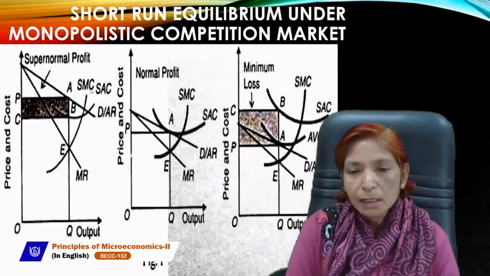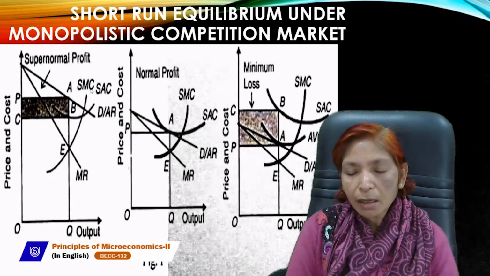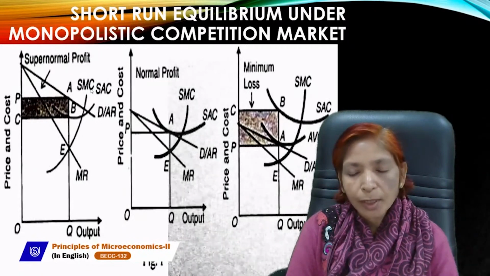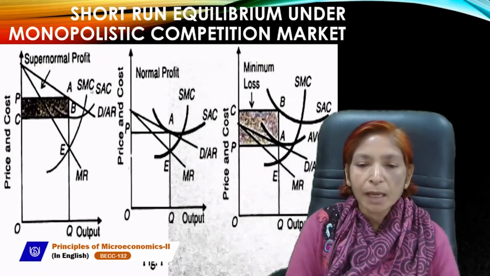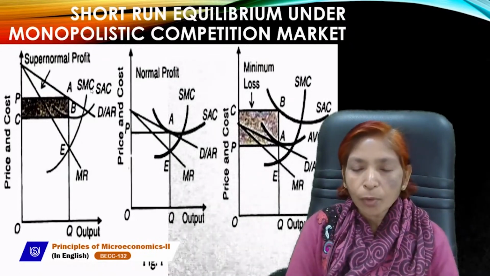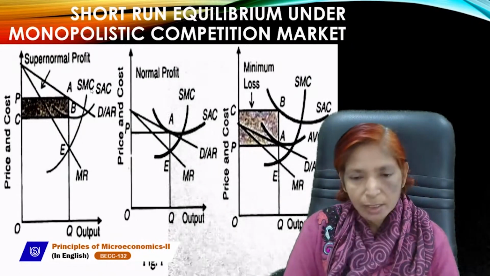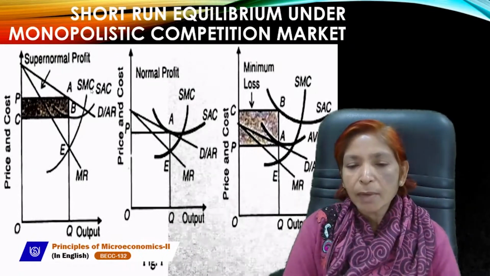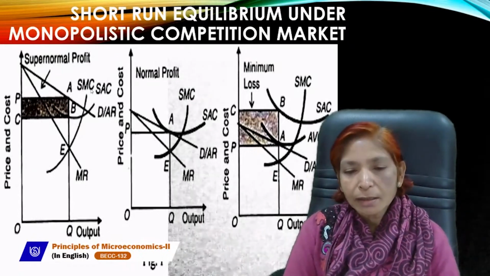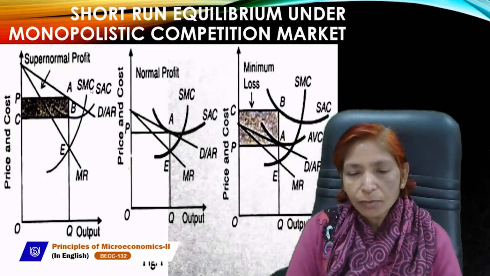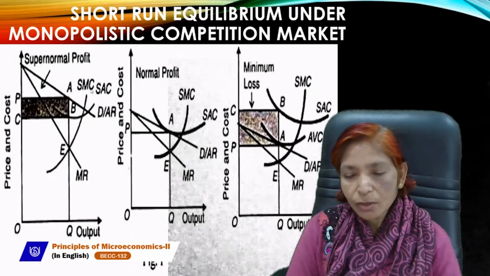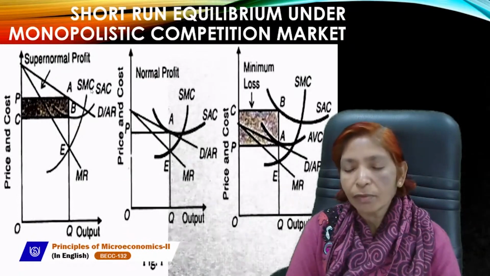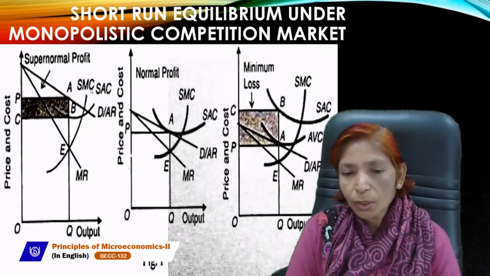At point A, AVC and AR are both equal. That point shows the shutdown point. And where MC cuts MR, this point E is the equilibrium point. Again, if we extend this line to the AR curve, we will get the price, and if we join point E to the x-axis, we will get output OQ.